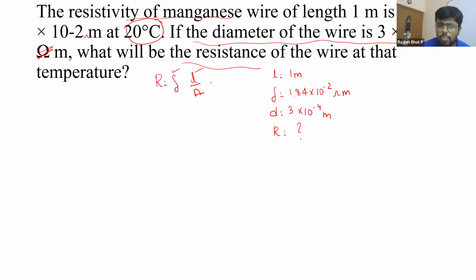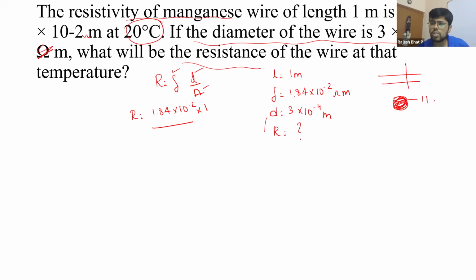So now R, rho is how much? 1.84 into 10 power minus 2. Length is 1. Area is given. No, area is not given, but diameter is given. So basically, children, I told you one wire, if you cut, it will look like a circle. What is the area of the circle? Area of cross section is pi r square. Okay, what is the value of pi?